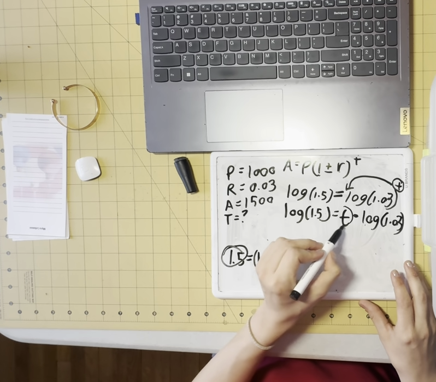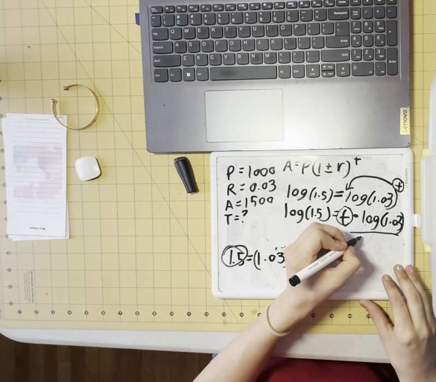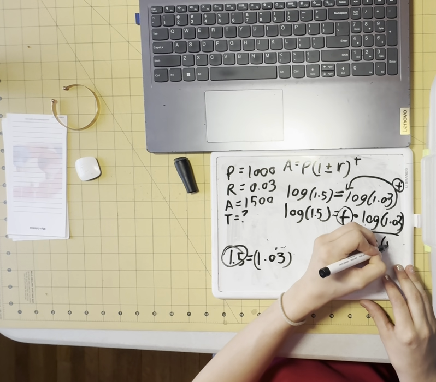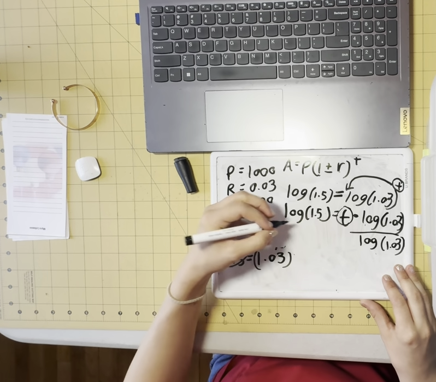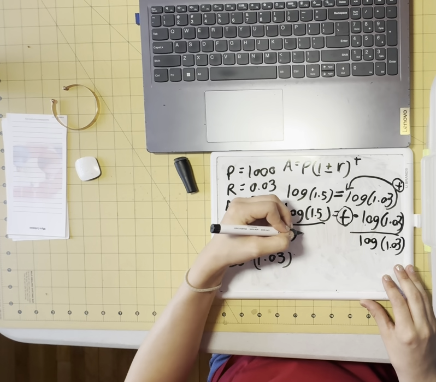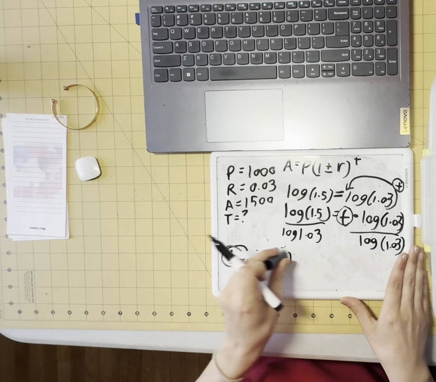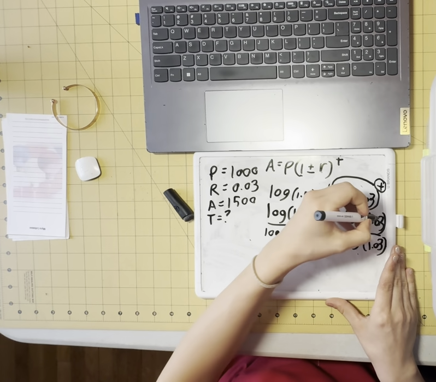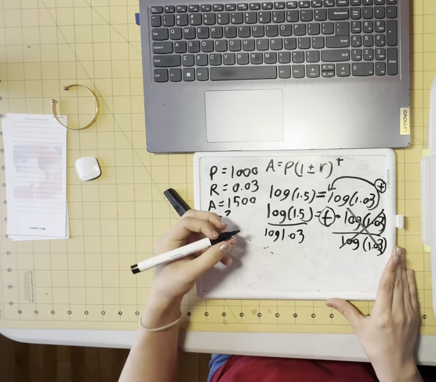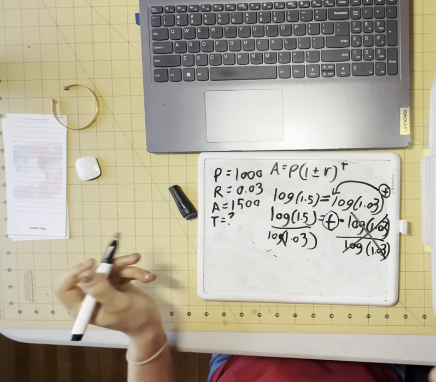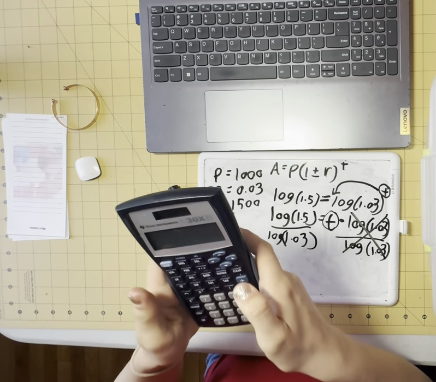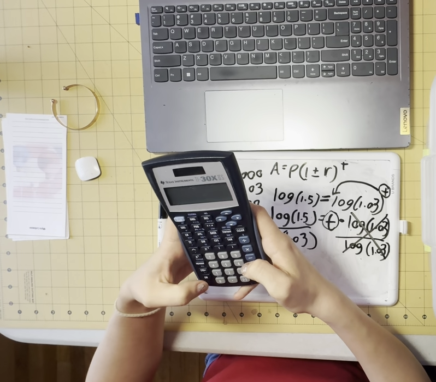And again, we want to get T on its own. So what we can do is divide by log 1.03, divide by log 1.03. So then these two will cancel out. And then you will have to do this with a calculator, but I will save you the pain of doing that. I'll do that on my own really quickly.